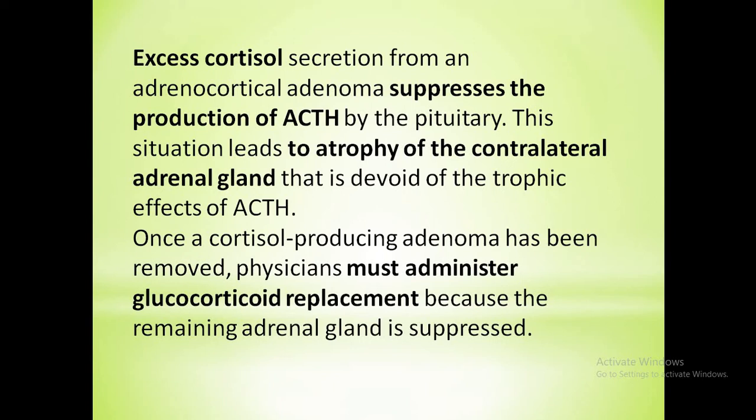So excess cortisol suppresses ACTH and it leads to contralateral adrenal atrophy. So it can't work, and hence when you're removing this adenoma, which is the only source of cortisol, you will go into adrenal insufficiency. So in order to prevent this, you give glucocorticoids.